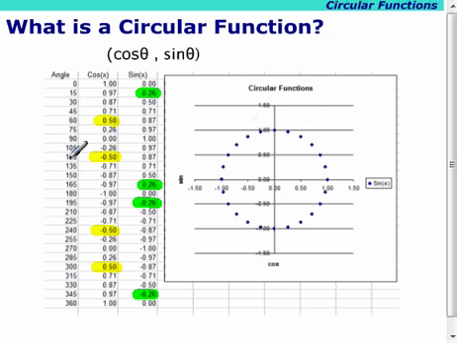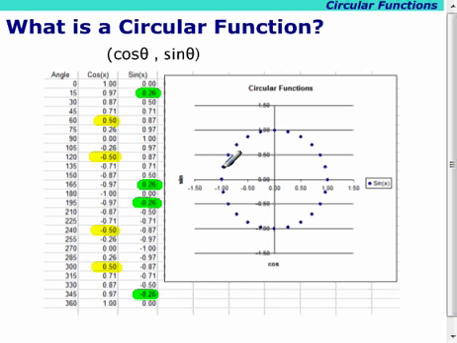If I would have put more angles in there, it would have looked like a perfect circle going around. Essentially how I think of circular functions is that they repeat themselves. In other words, I have a point here and I can see a point over on this other side.